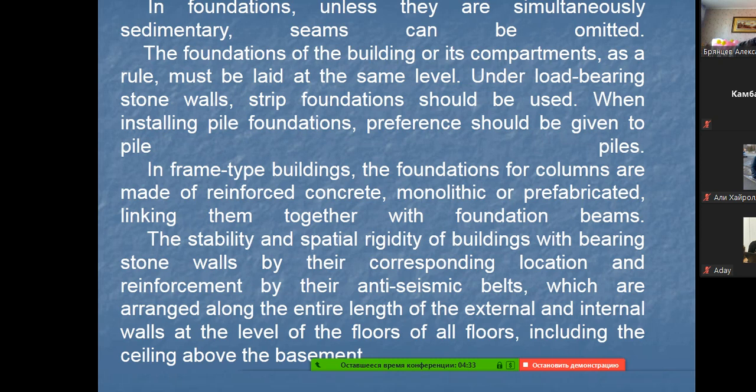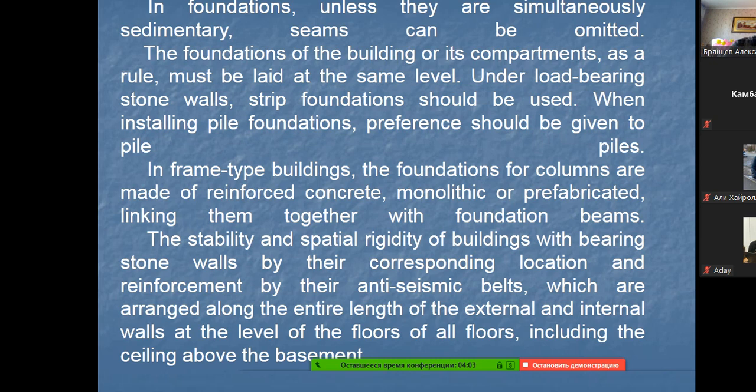They connect all walls with each other and transmit the load acting from the top part of the building to the masonry wall, to the other block walls, and so on. So it is important to use anti-seismic belts on the construction site.